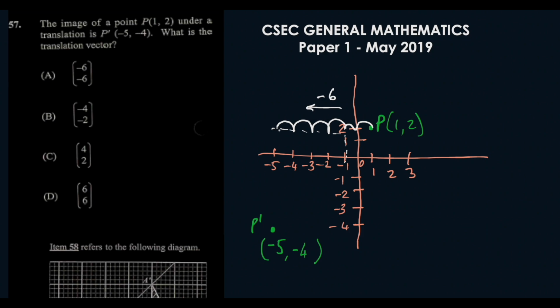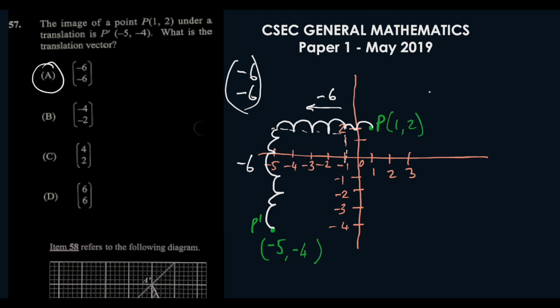From the 2, I'm matching with the 1, then the 0, then the -1, then the -2, the -3, and then the -4. So I had 1, 2, 3, 4, 5, 6 steps. So I went 6 down. So that vector would be -6, -6. So therefore, the translation vector of this P to get to P prime is -6, -6.